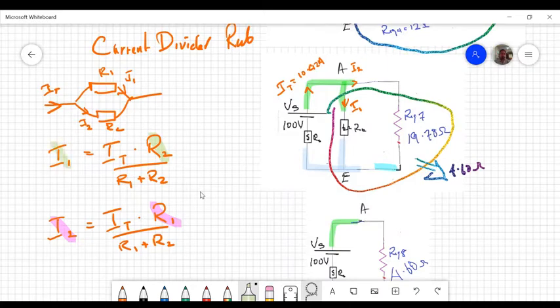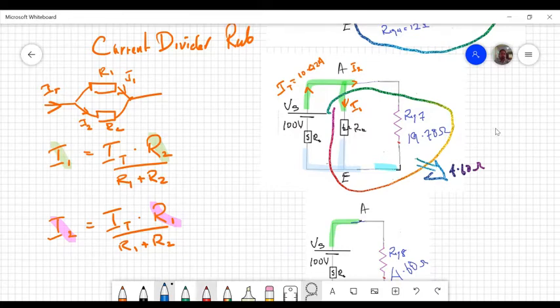They're not the same. Okay, so my IT is 10.42, and my R1 and R2 are 6 and 19.78. So let's go ahead and apply that rule. Let's do it on this side.